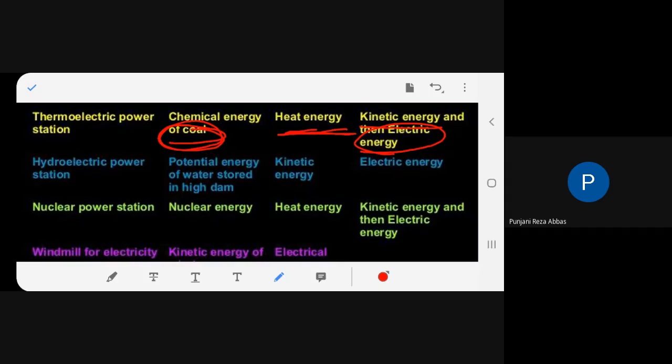Now this heat energy is making the turbine move. That is kinetic energy because there's a movement involved. Now this movement of the turbine is generating the electrical energy with the help of a generator. Do you understand?